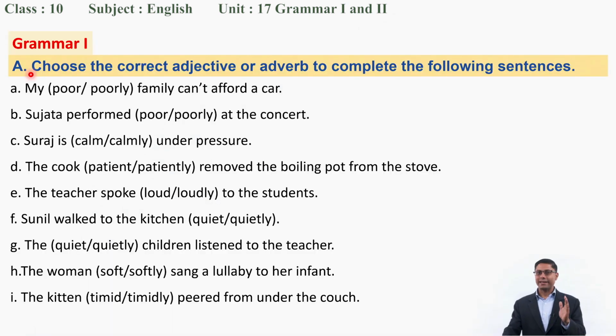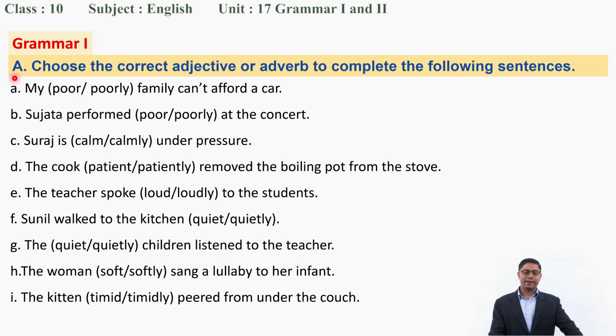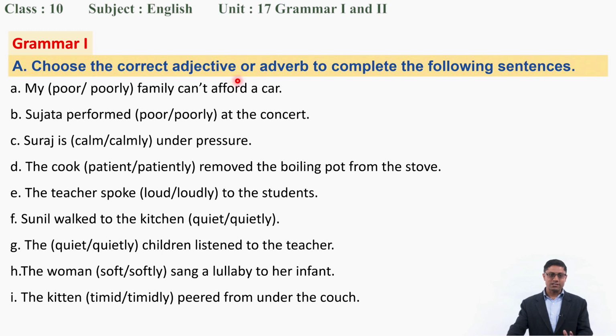Everybody turn to your book and look at the exercise under Grammar I. The first exercise, A. Everyone, please look at it and let's do it together. All right, are you ready? Let's begin then. Look at the instruction first. It says, choose the correct adjective or adverb to complete the following sentences.